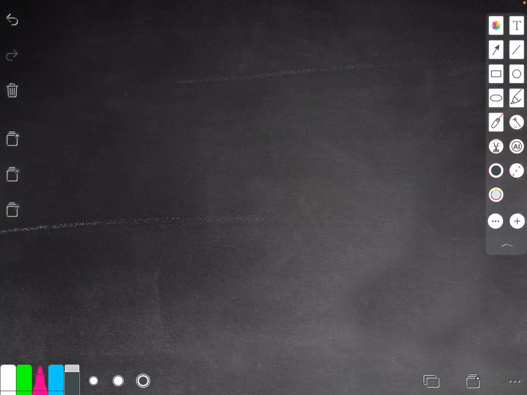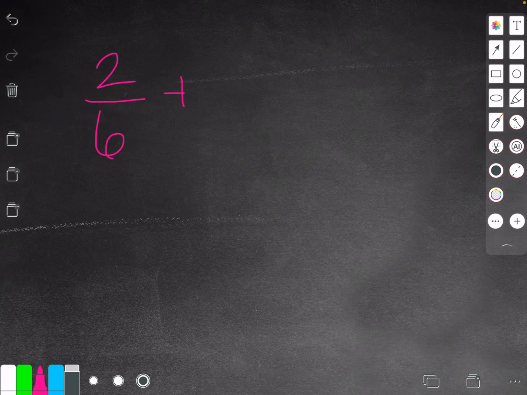All right, let's go ahead and look now at adding a new type of fraction. So say, for instance, we were looking at the fractions 2/6 plus 3/6.